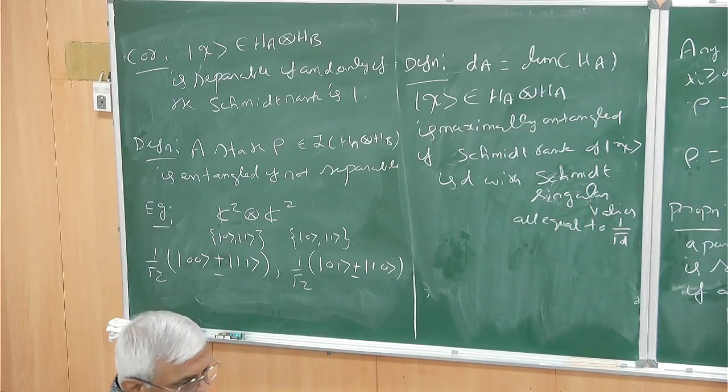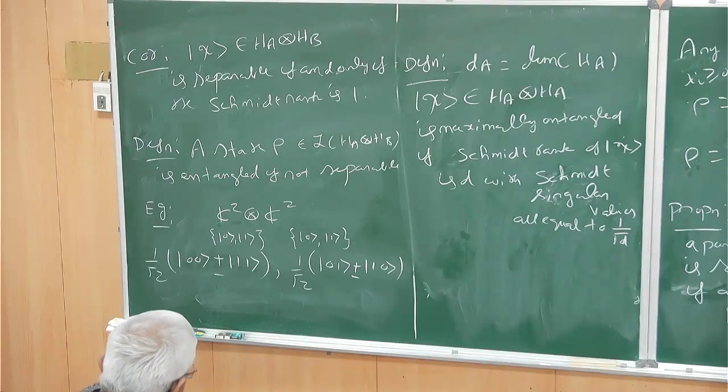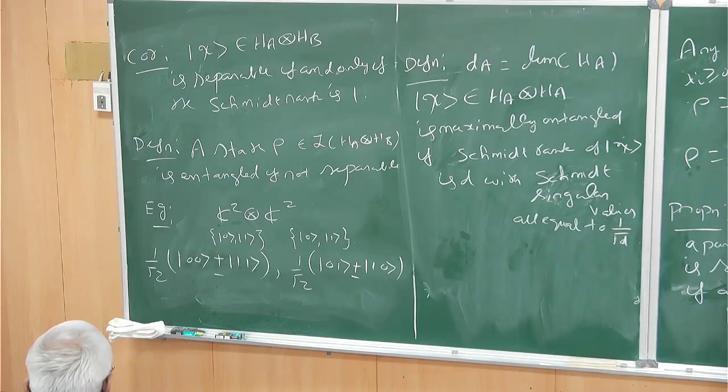This is what is called maximal entanglement, and these are all maximally entangled vectors. Here the rank is 2, and the singular values are 1 by root 2, so they are maximally entangled.